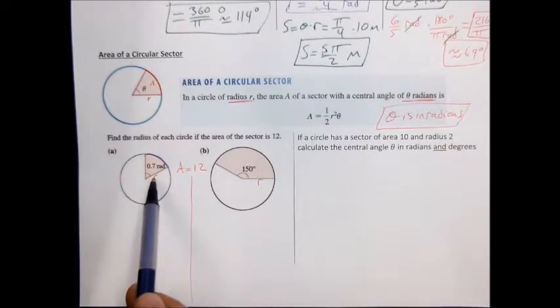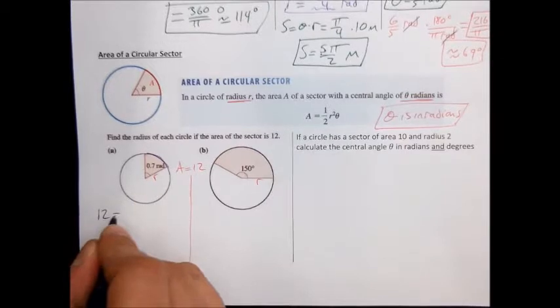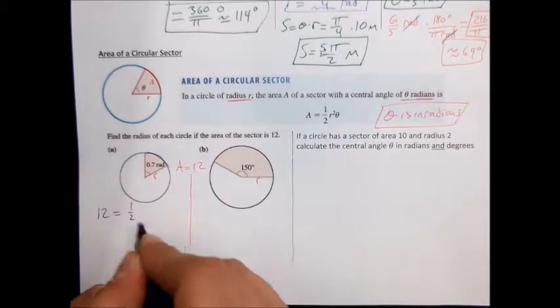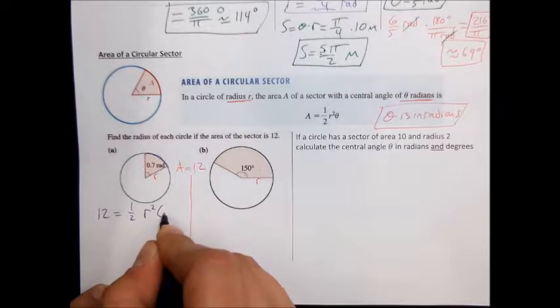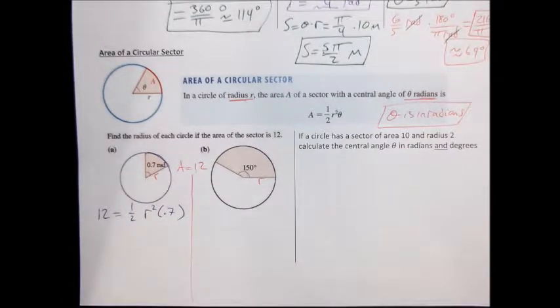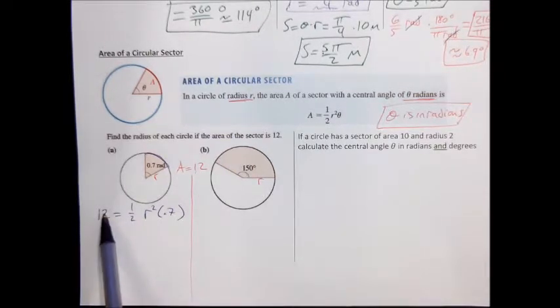So if we want to solve for r, we just plug it into this equation, and we have 12, because that's our area, equals 1/2 r squared times 0.7 radians. And we can just use the equation as is, because we have a radian value. I'm just going to jump to the answer, but we multiply by 2 here, right? This would give us 24.